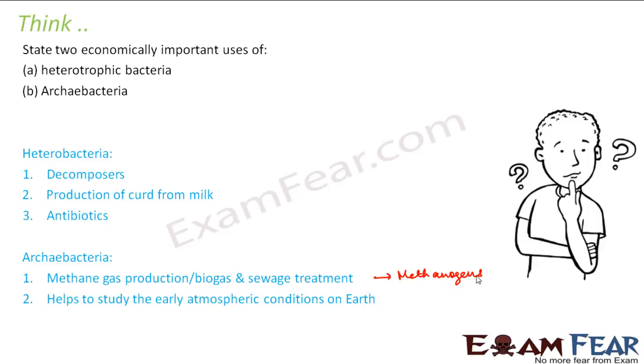It also helped to study the early atmospheric conditions on Earth, because these archaebacteria were the ancient bacteria and they can survive in extreme conditions. So this also tells us that the environmental conditions on primitive Earth were also extreme. So it gives us a clue to guess how the environmental condition was during that time on Earth.